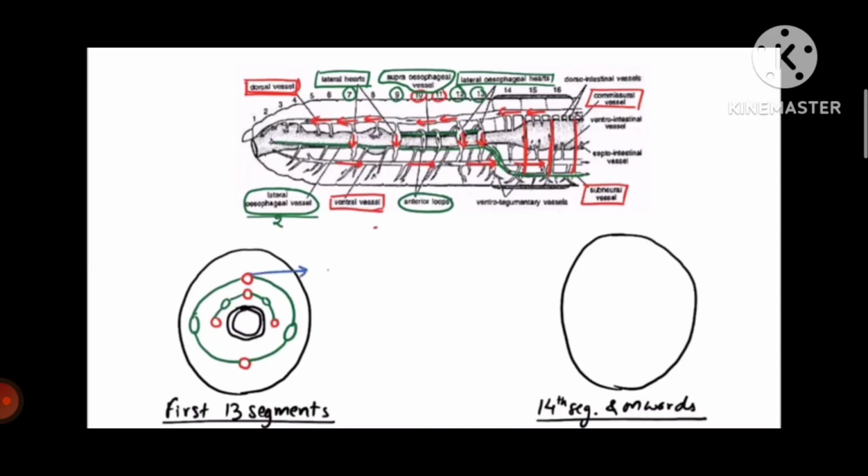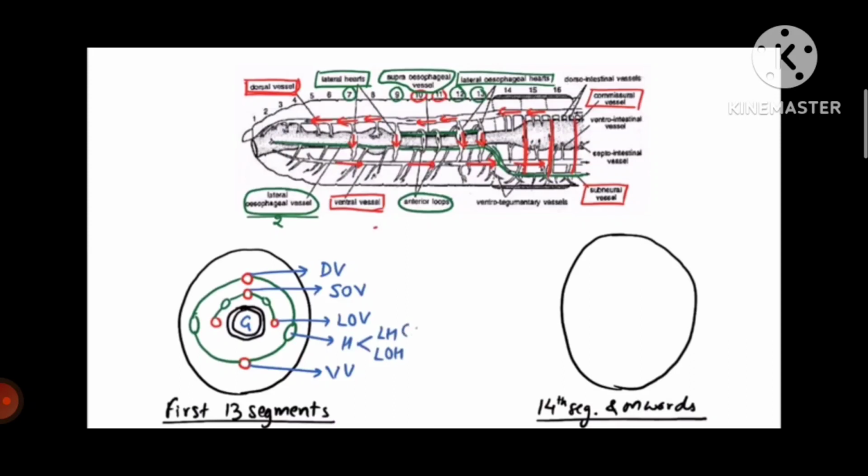So this one is dorsal vessel, this one is supraesophageal vessel, this one is lateral esophageal vessel, this one is ventral vessel, this is gut, and these are hearts, which may be lateral hearts or maybe lateral esophageal hearts.